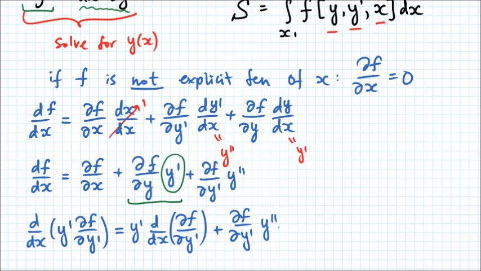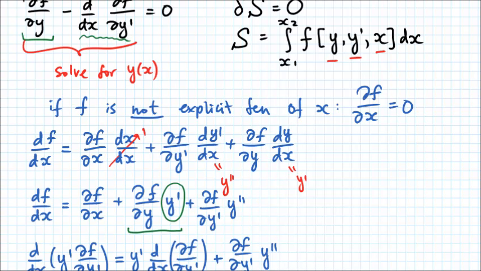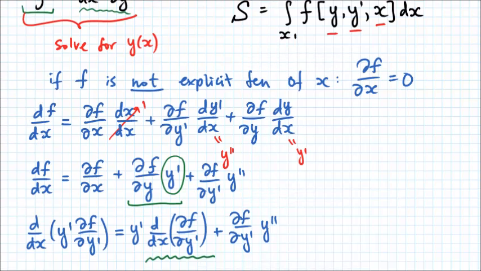So now we can recognize that in fact this term here, the first term, does look like the second term in Euler-Lagrange equation.